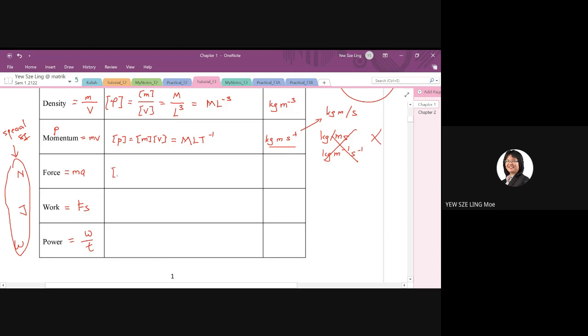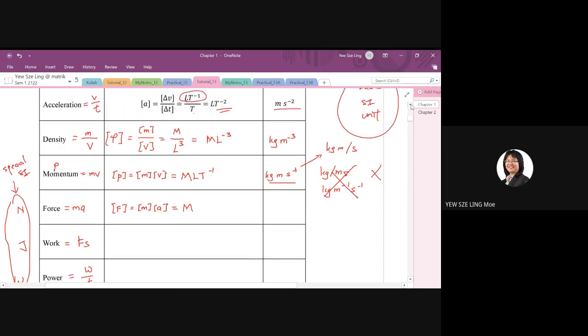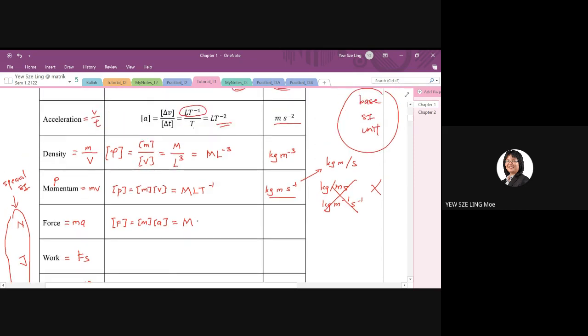Force equals m a, where m is mass and a, according to the derivations in the previous questions, is LT negative 2. So this is the dimension of force.